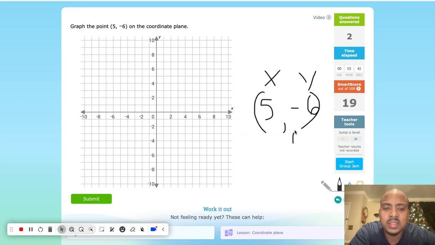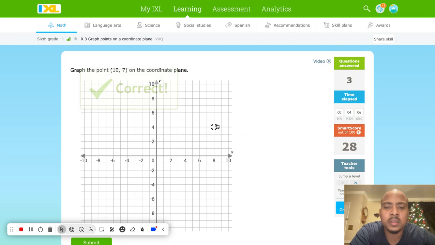Because this is a negative 6 on the Y-axis, this means I move down, because below 0 is a negative number. So I'm going to move 1, 2, 3, 4, 5 for the positive 5, and then 1, 2, 3, 4, 5, 6, and plot the point. All right. And I'm going to submit that.